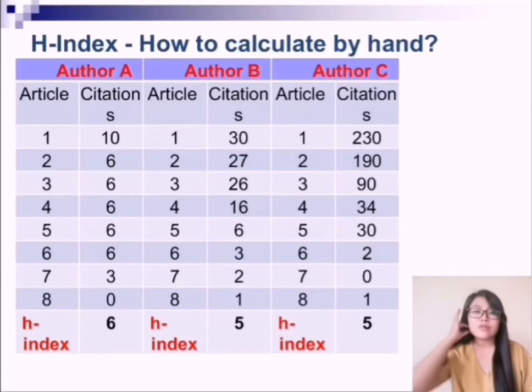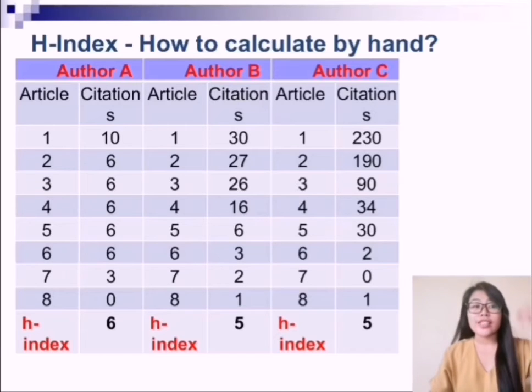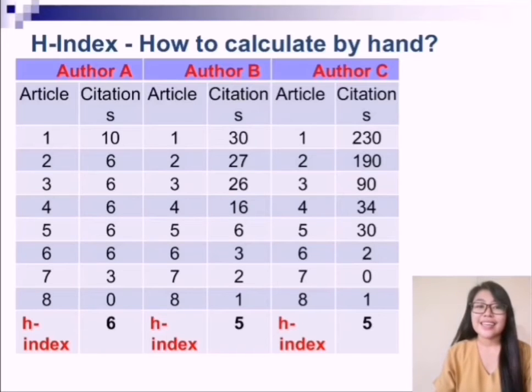So papers 1, 2, 3, 4, 5 received more than the number of published papers. Therefore, the H-index there is 5. Out of the 8 published papers, the H-index is 5.